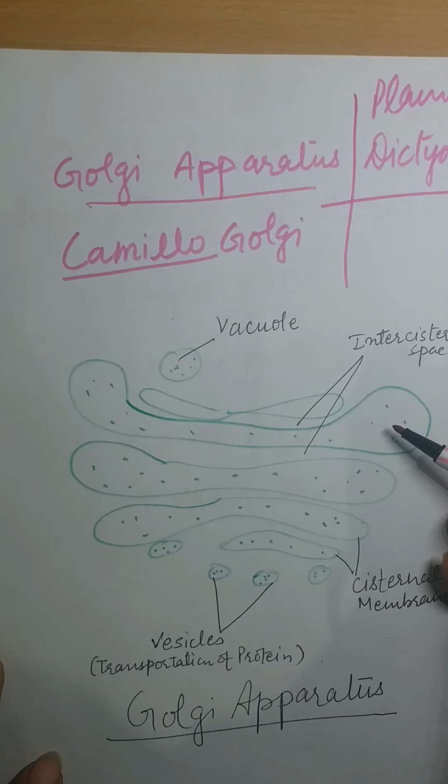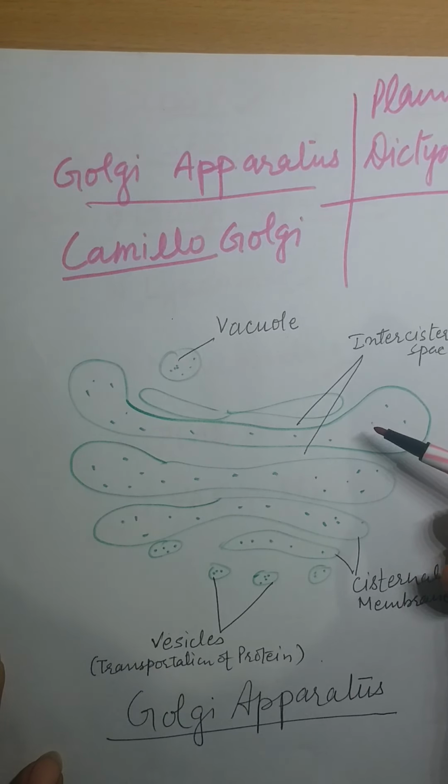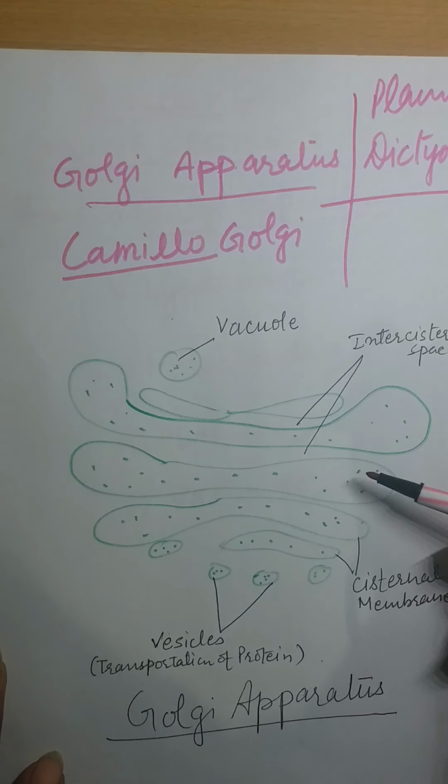The Golgi apparatus modifies those proteins, repacks them, and finally dispatches them to various targets within the cell or outside the cell.